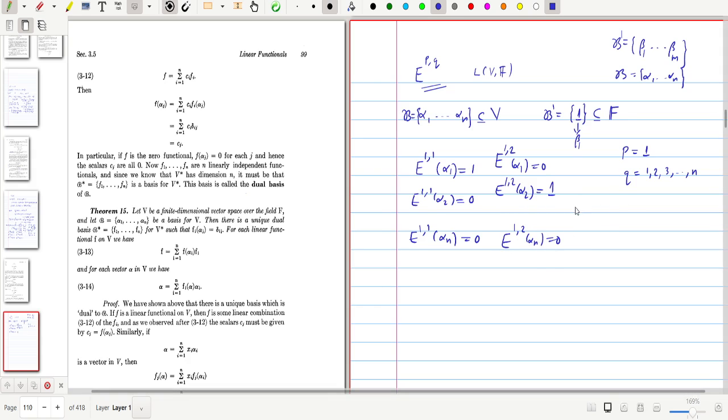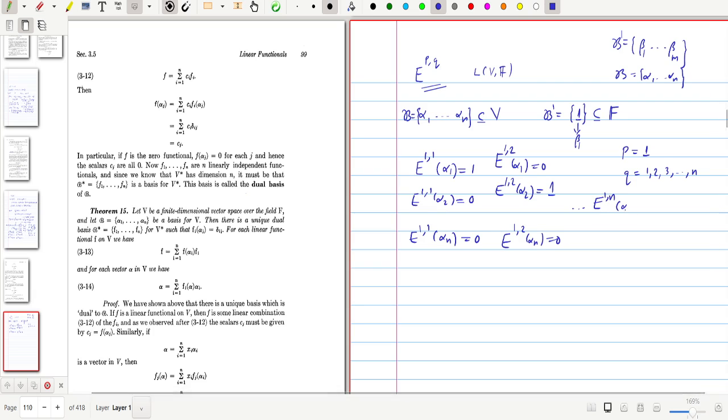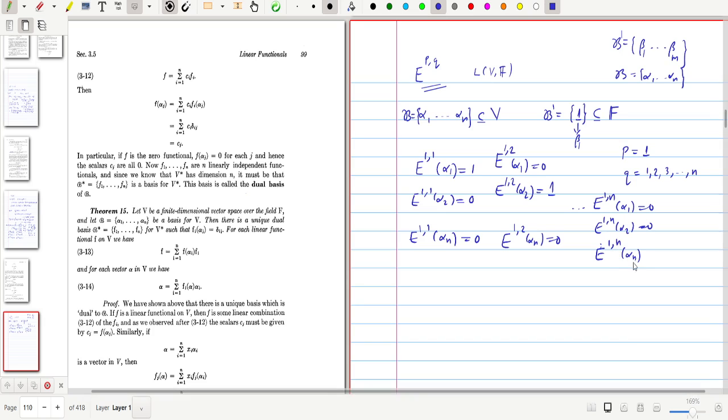And similarly, the last one you can define: E_1n of alpha 1 equal to 0, E_1n of alpha 2 equal to 0, and E_1n of alpha n. Here the suffixes n and n are the same, so this will be 1.